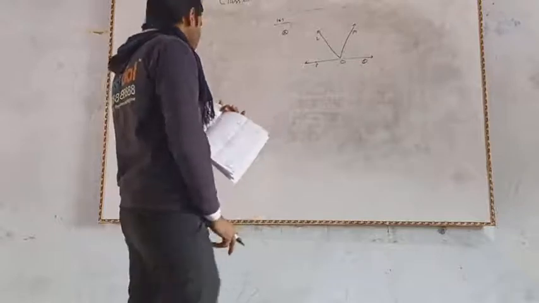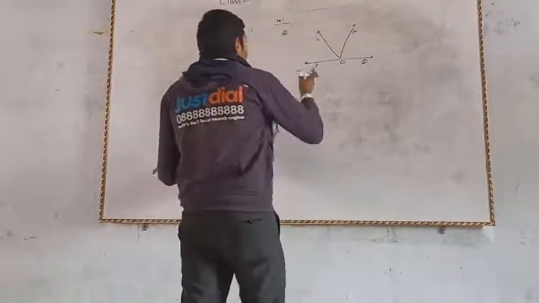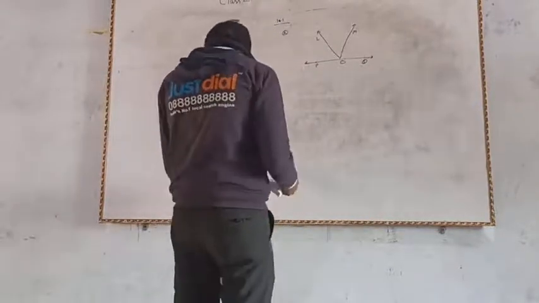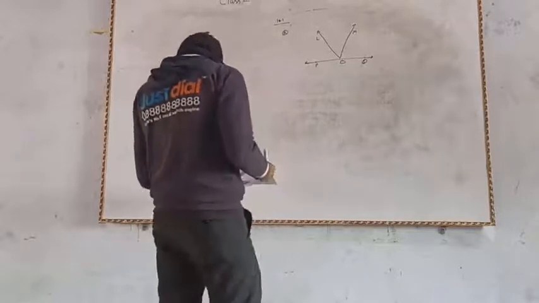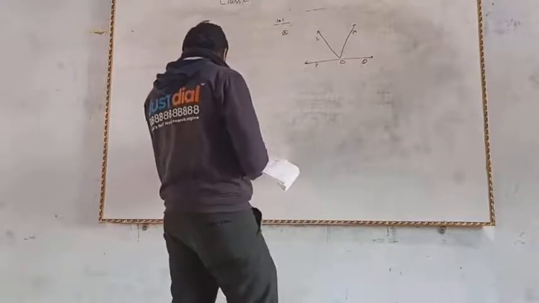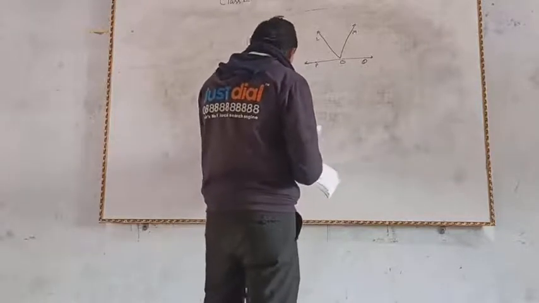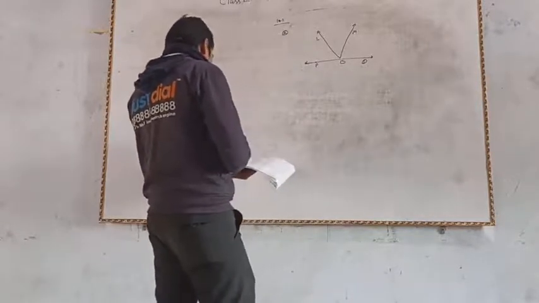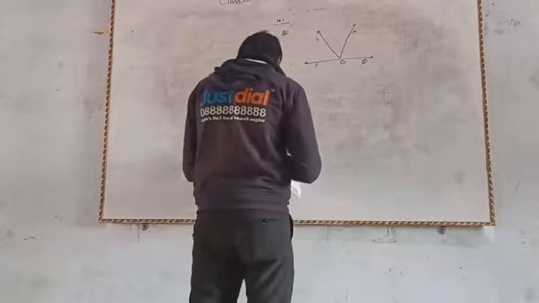So we know that adjacent angles have a common vertex and a common arm, and the non-common arms are on opposite sides of the common arm.